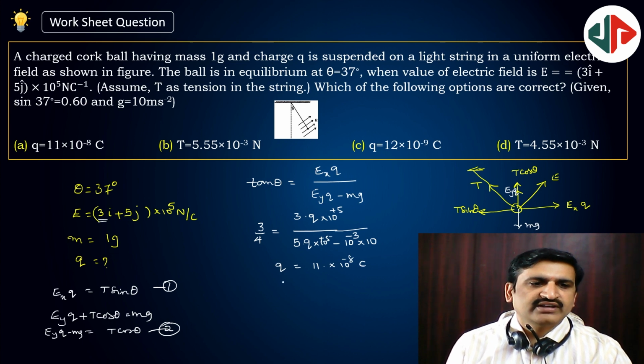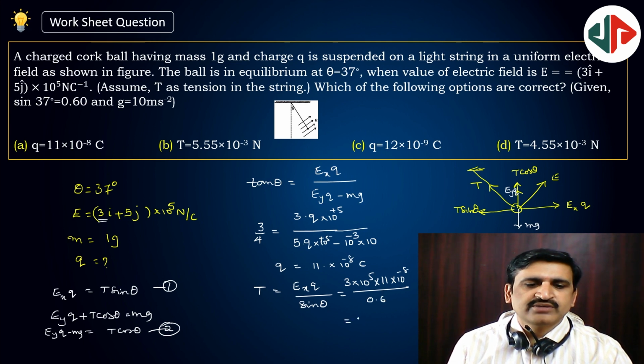Q. Next, we have tension T is equal to, first equation we can use, T equal to Ex q by sin theta. Ex value 3 into 10 to the power of 5 into Q value 11 into 10 to the power of minus 8 by sin theta 0.6.